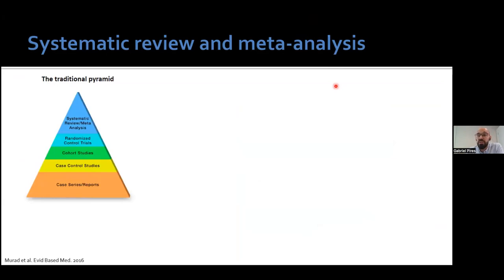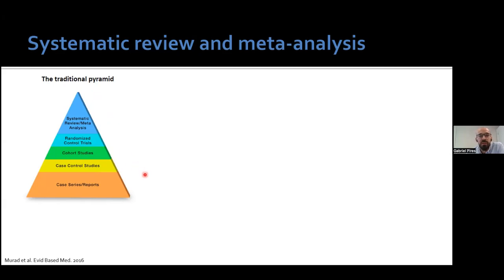So on a very traditional perspective in epidemiology and evidence-based medicine, we have this evidence pyramid. And you can see that the systematic reviews on this traditional perspective are at the top of the pyramid. You might understand that the higher we go in this pyramid, the higher the evidence level we generate.